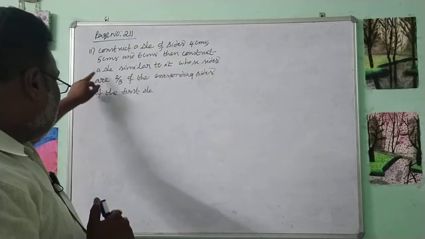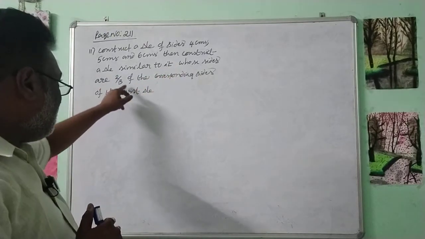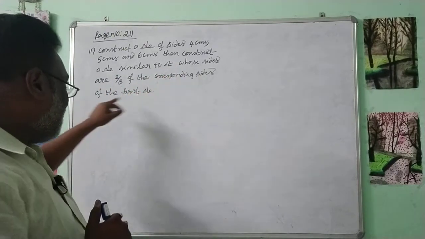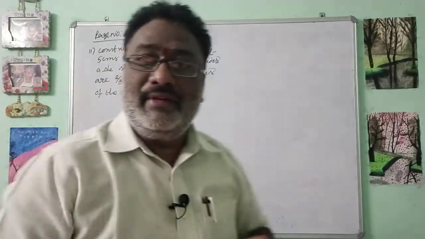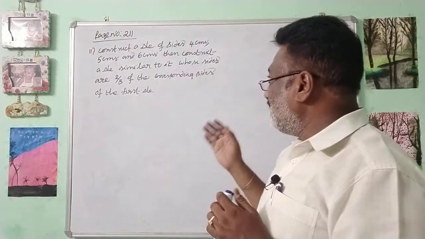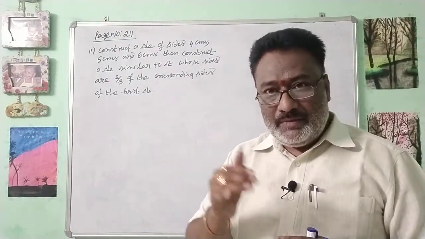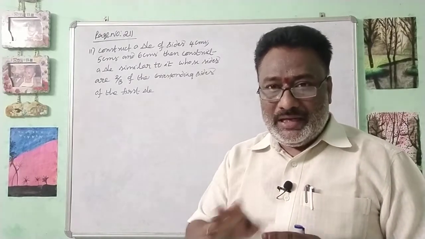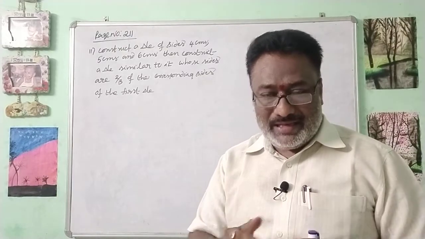Then construct a triangle similar to it, whose sides are 2/3 of the corresponding sides of the first triangle. So here you have been given the triangle which you are going to construct. Those measurements have been given here. In the previous problem, those measurements weren't given, so we assumed and constructed a triangle with our own measurements.